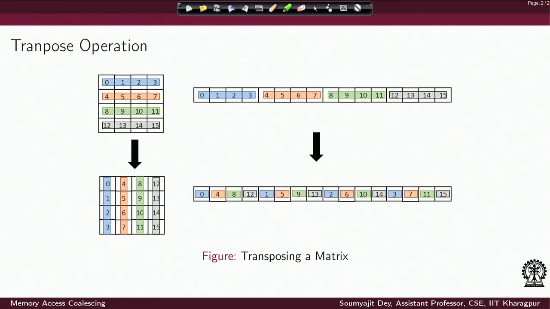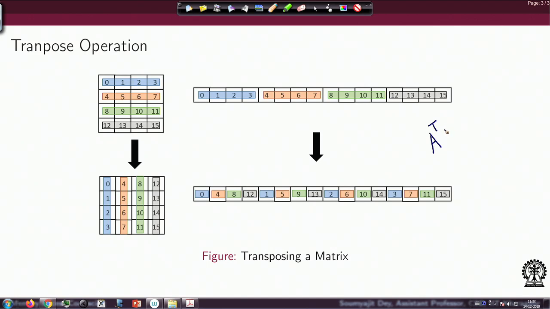As an example, in the last case we considered the operation of matrix multiplication. In this case, we will consider the example of matrix transpose. If you remember from your high school algebra, matrix transpose was a simple operation. Suppose a matrix A is given to you and you want to create a transpose.